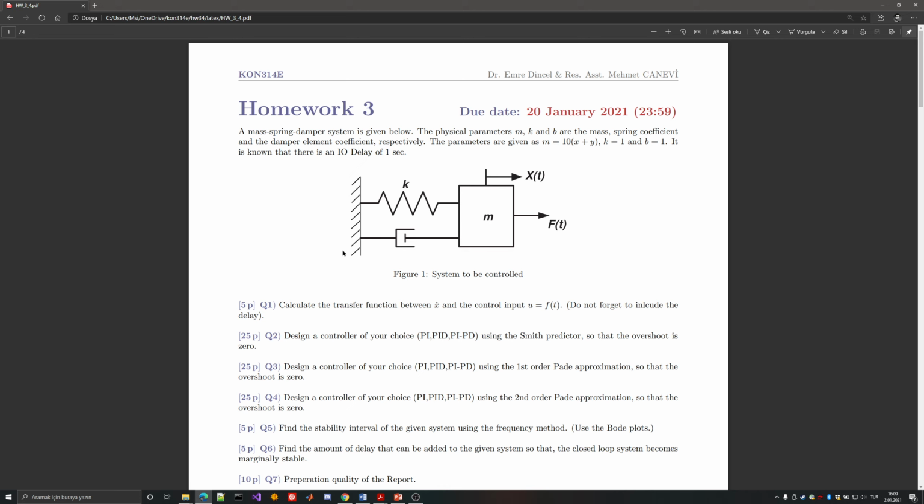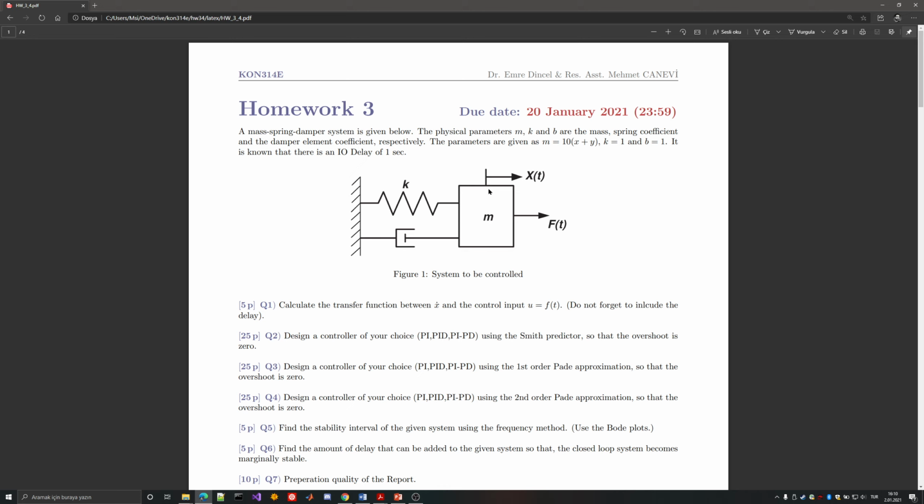So basically, homework 3 has a simple model here. We have a mass, a spring, and a damping element, a damper. And we apply force as shown in this figure here, and this is the movement.